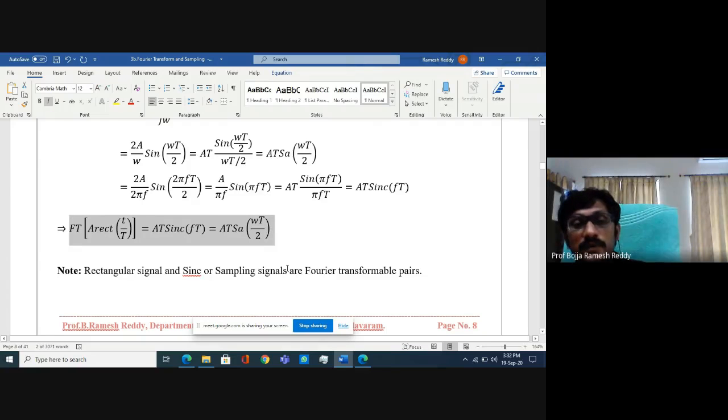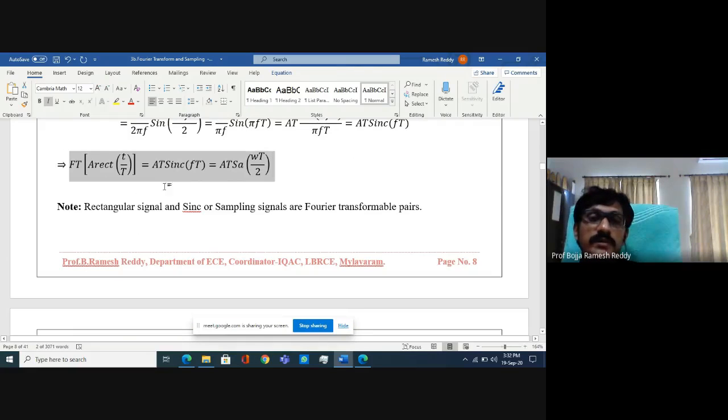Okay. Now this is one important problem in competitive examination. We may get questions on this. We will solve different questions under properties. This is the basic formula, the conversion from rectangular signal to sinc signal and sinc or sampling signal to rectangular signal. All of you, learn this formula by heart.